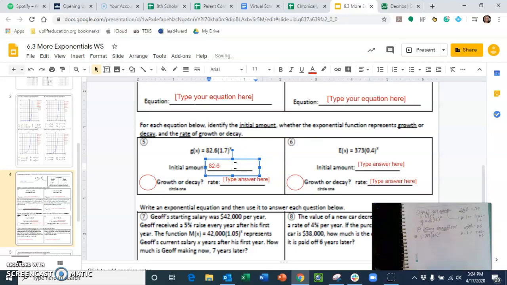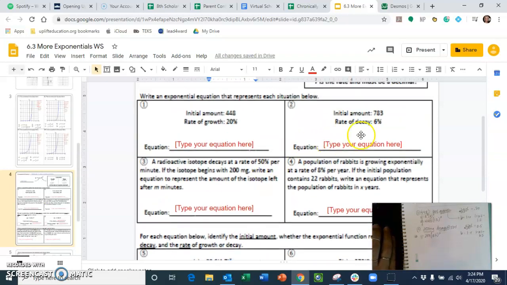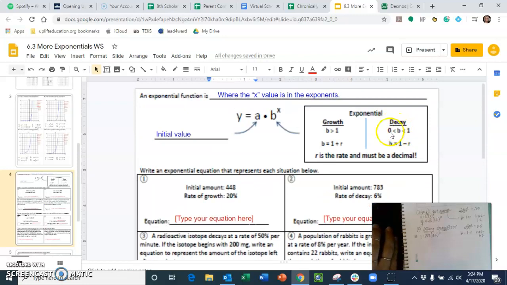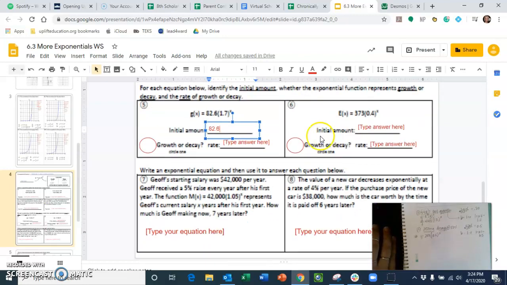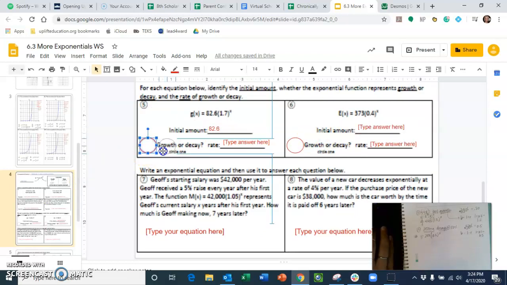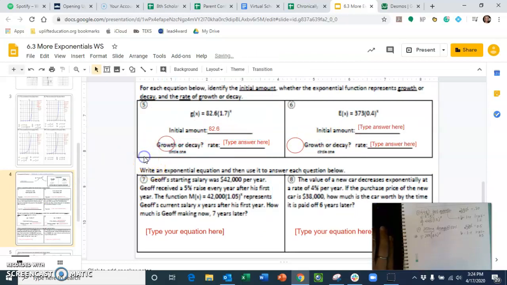That's my a value. Looking at my b value, looking at the 1.7 in parentheses, because, looking back on my notes, it is greater than 1, my b value, or my number in parentheses, is greater than 1, this represents an exponential growth equation. Now my rate is going to be what I either added or subtracted to 1 in order to get my value in parentheses.